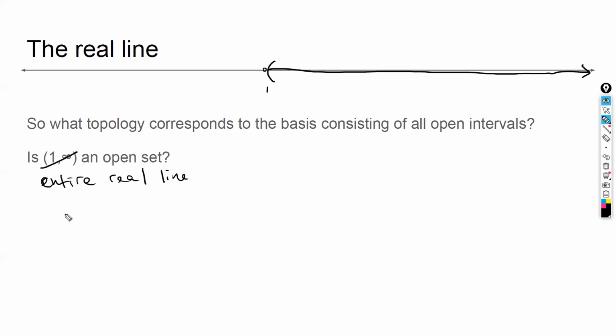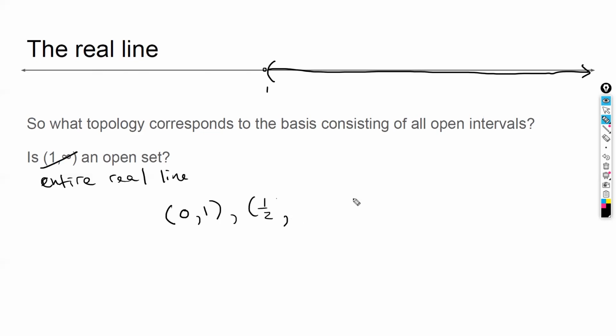Well, let me try to write down a list of intervals that will capture the entire real line. Maybe I'll start at 0, 1. Okay, well now I need to get 1, so maybe I'll do 1/2. Well, I need to make this really big, right?